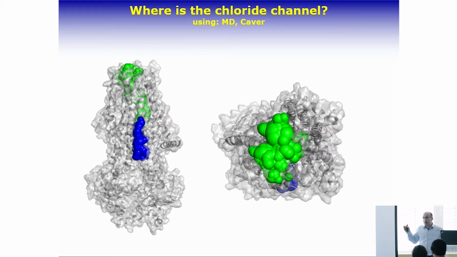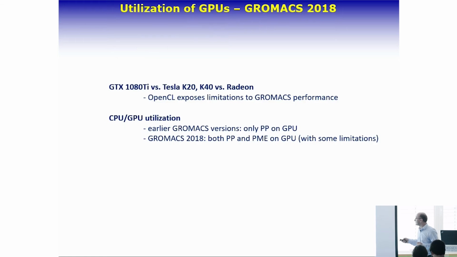So basically now I think that we have a rational structure which might exist in the cell membrane, a functional structure. And now we can continue our study on the full-length structure to learn what are the effects of mutations.